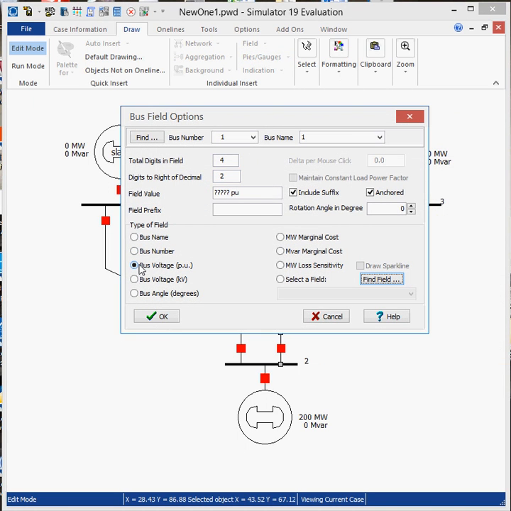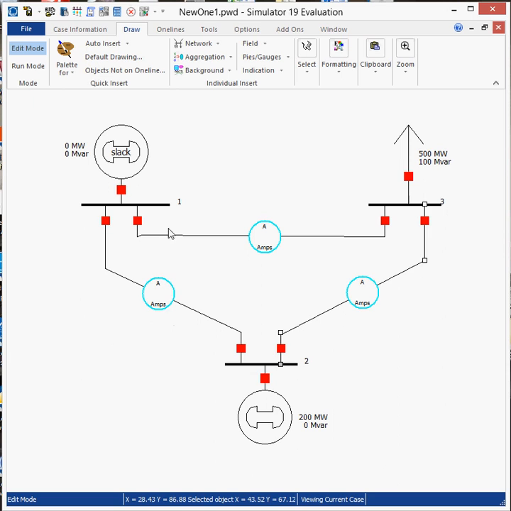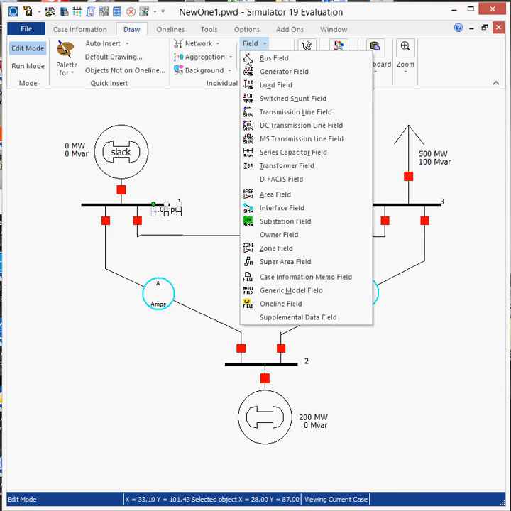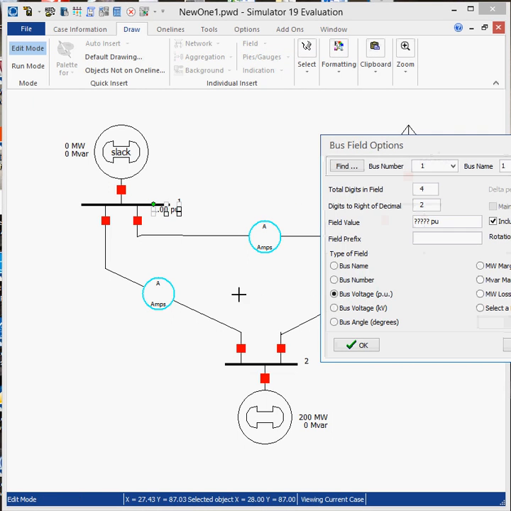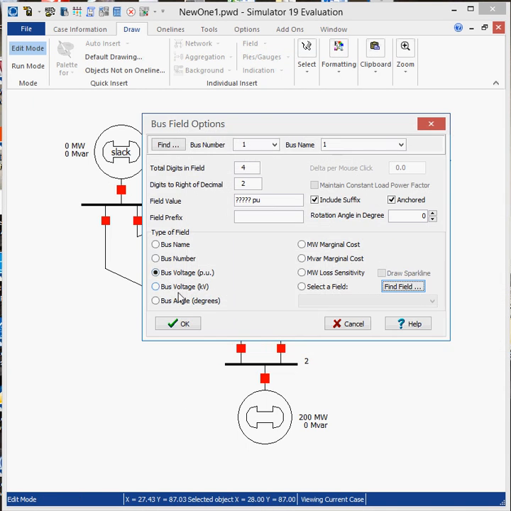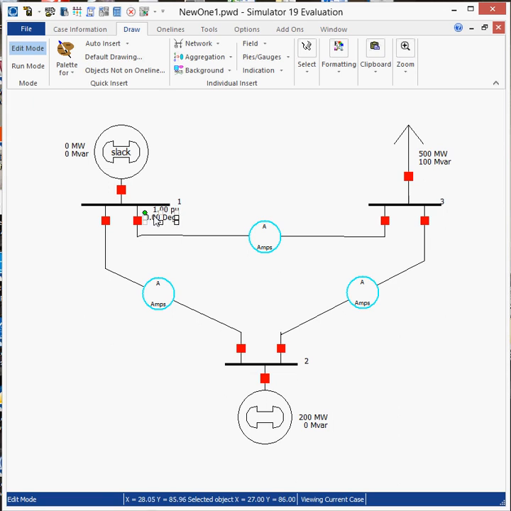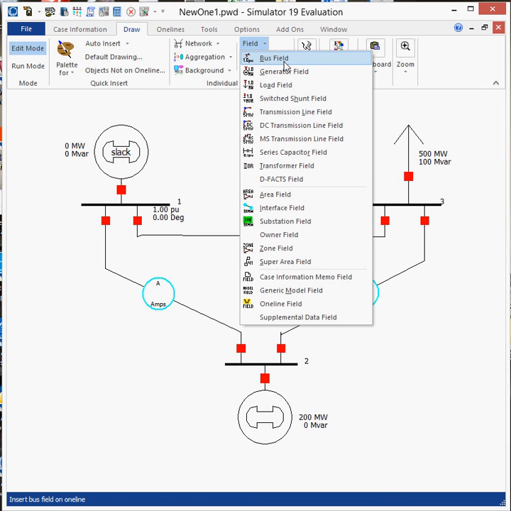Select bus voltage in per unit, and then for angle click on this and press OK. Okay, so repeat for the rest of the buses.